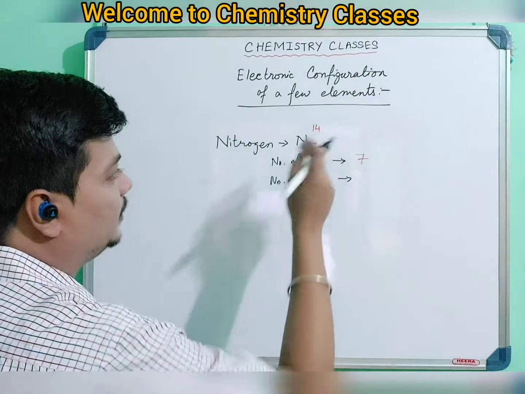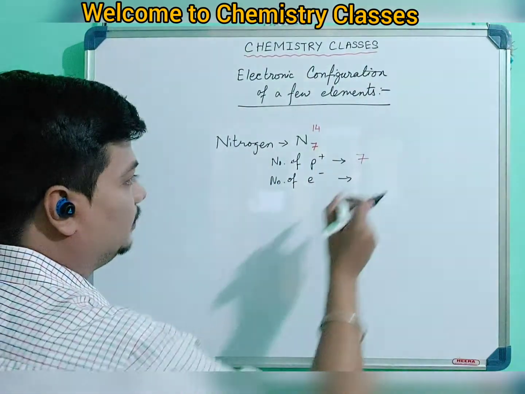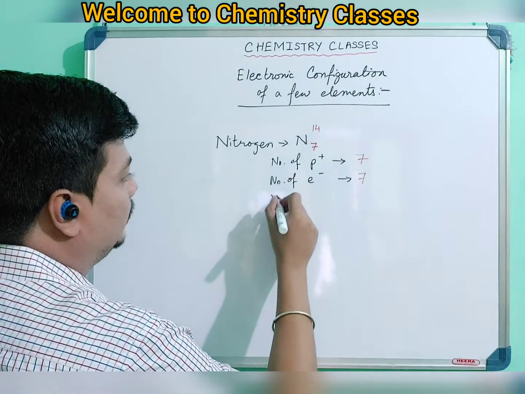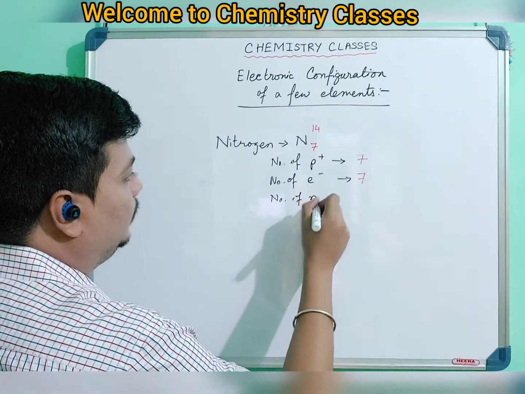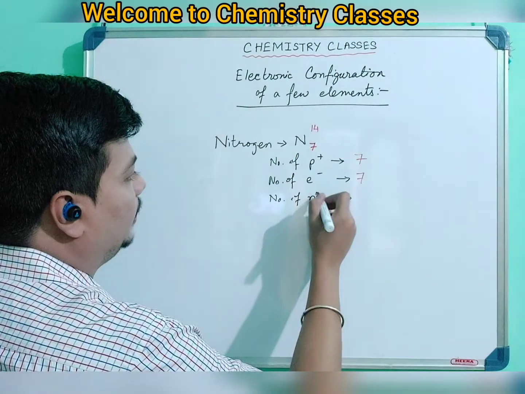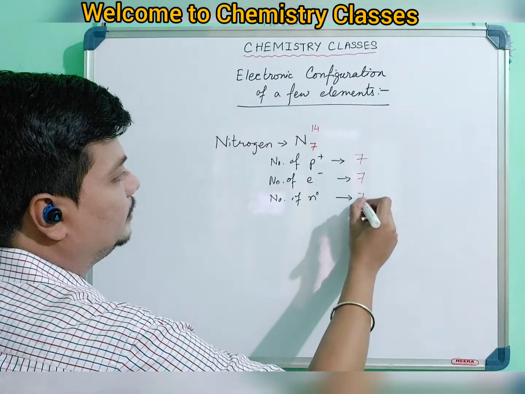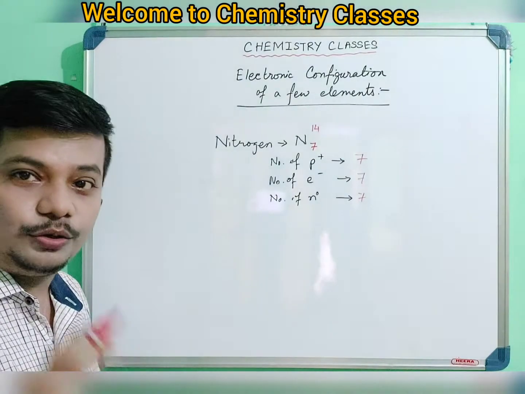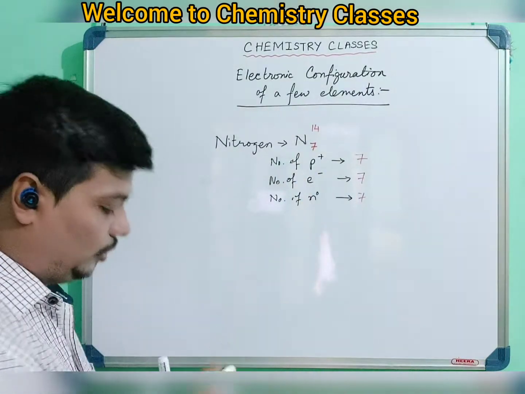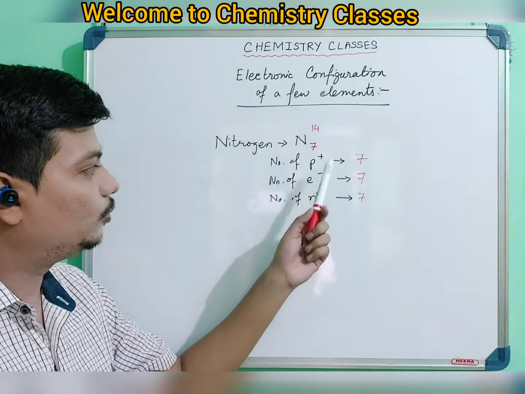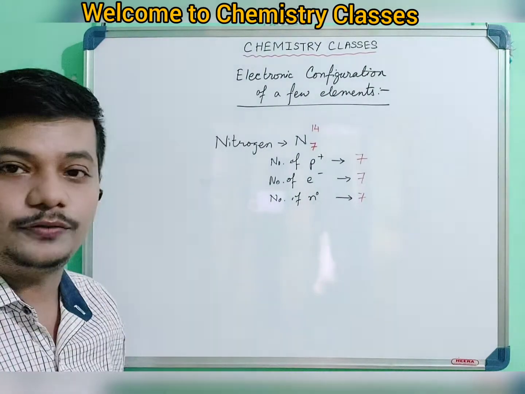This also will be similar to the atomic number, that is 7. And number of neutrons, N0, this one will be 7. So you can see I have found out all the three data, that is the number of protons, the number of electrons and the number of neutrons.